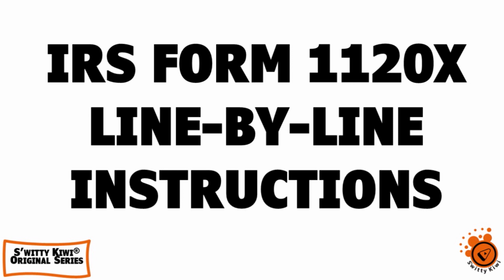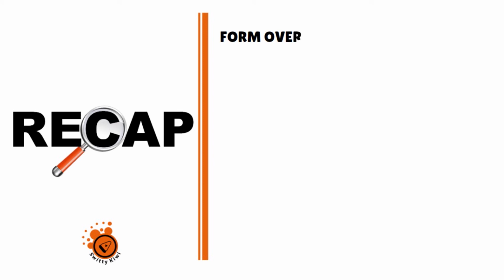All right, folks, this is it for today's conversation. I really appreciated your attention. I was talking to you about IRS Form 1120X, line-by-line instructions, amended U.S. corporation income tax return. I gave you an overview of the form, explained what 1120 is versus 1120X, and answered a few common 1120X questions: who can file the form, what you can use the form for, what kind of info you put on Form 1120X, where you send your amended return, what a Form 1120 amended return is, the statute of limitations, where to file and when to file.